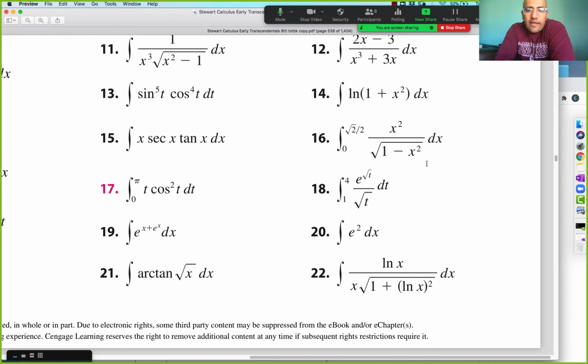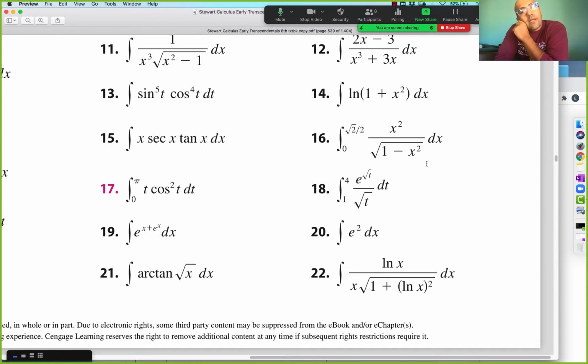Yeah, I think that's what we're going to have to do. Let's let x equal sine. We end up with 1 minus sine squared, which gives you cosine squared, which just gives you a cosine in the denominator.